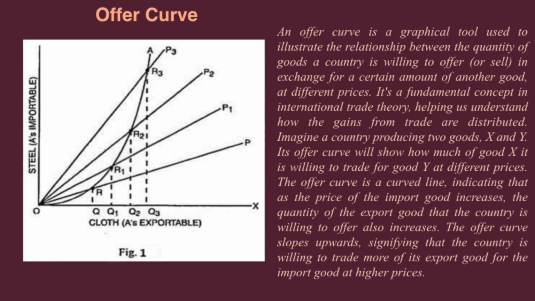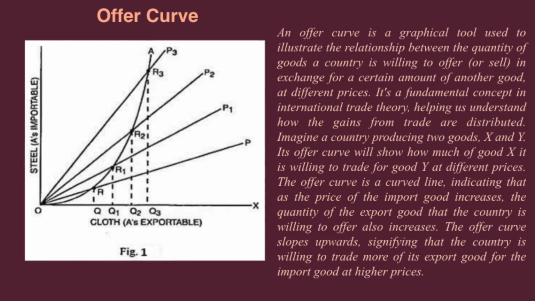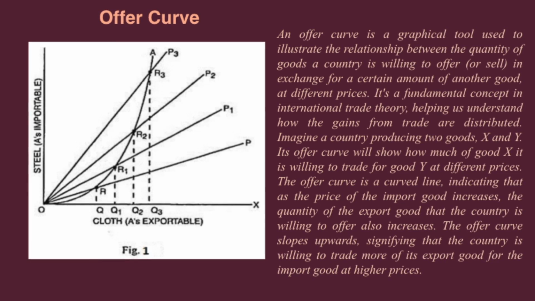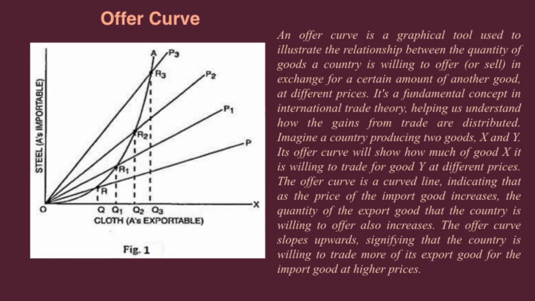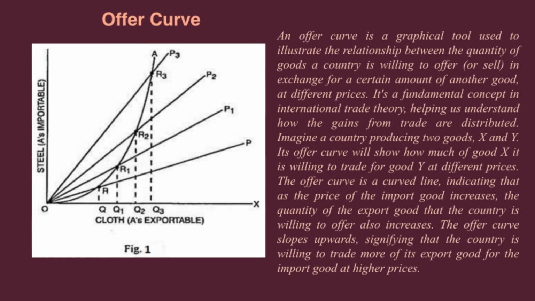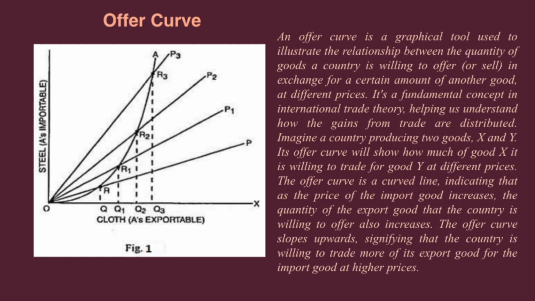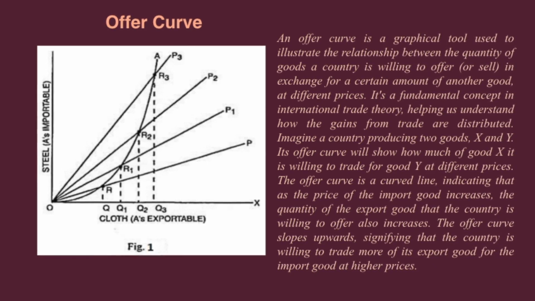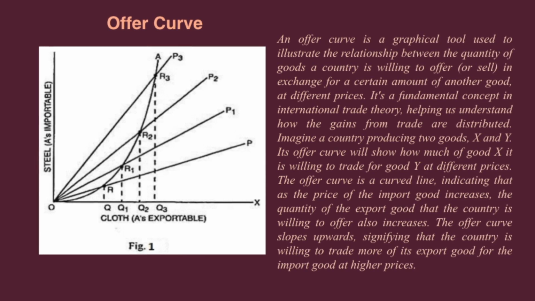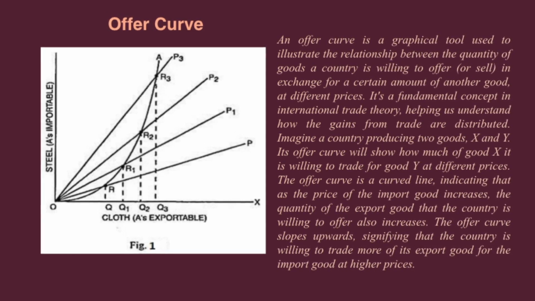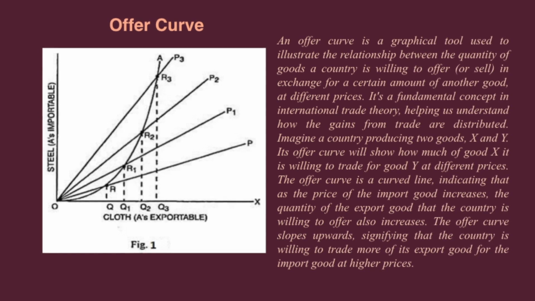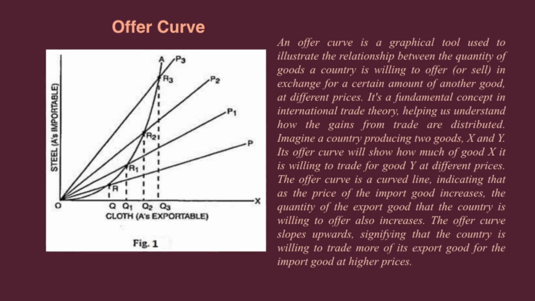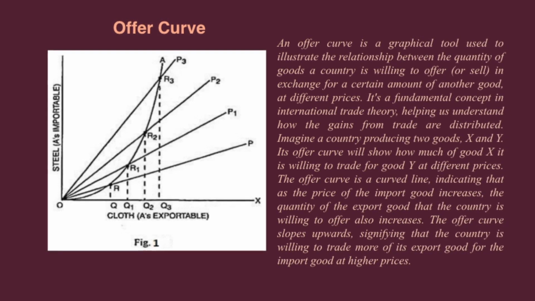Now if you see figure 1, as the country exchanges cloth for steel at different price ratios, the first price ratio is OP, the second is OP1, the third is OP2 and the fourth is OP3. As the country goes on exchanging cloth for steel, we get different intersection points such as R1, R2, R3. To draw the offer curve, we have to draw a curved line and join those points.